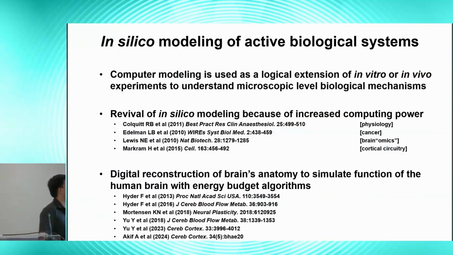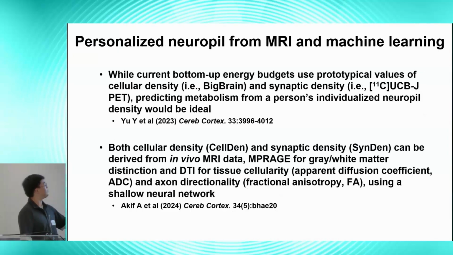In silico modeling of active biological systems has increased in recent years due to improved technology and increased computing power. It's now used in fields like physiology, cancer, and anything omics related. The idea is to use these models to model the brain's energy usage and create these energy budget maps that we just discussed.